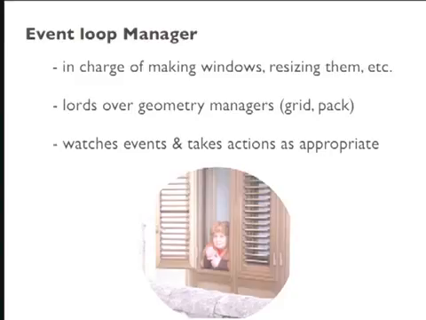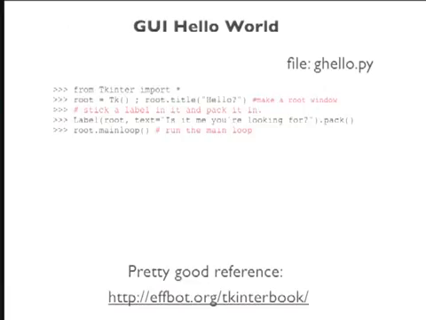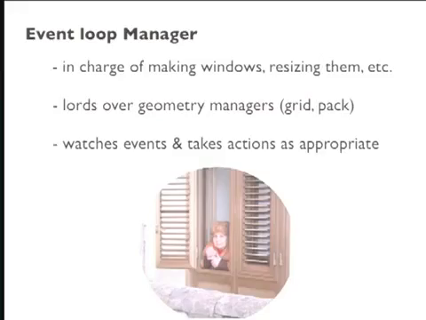All right, so what is this event loop manager actually doing when you say, as we said before, main loop, you're starting something running? That is in charge of making the windows, resizing them, etc. It looks over the geometry and tries to obey all the rules of how you packed your different widgets inside of your window.